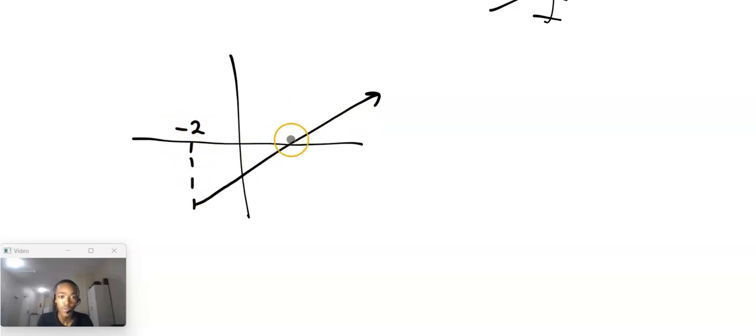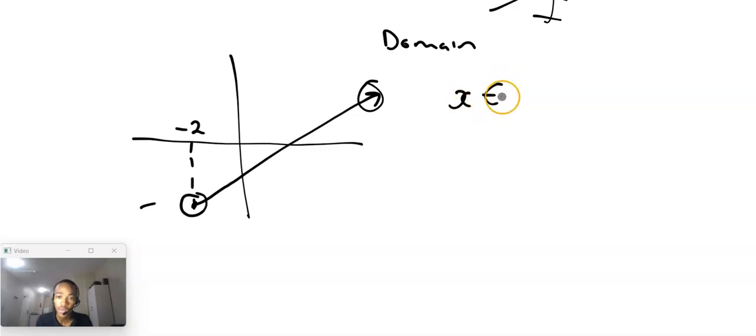So in this case, if I have a function, right, say this is negative 2, yeah, let's say this is negative 2, and then I ask what is the domain of this function. So we notice that here we do not have the arrow that indicates that, okay, this is a continuous function. Instead we have the graph ends here, right? So meaning that our domain will be x element of, or rather x element of -2 to positive infinity.